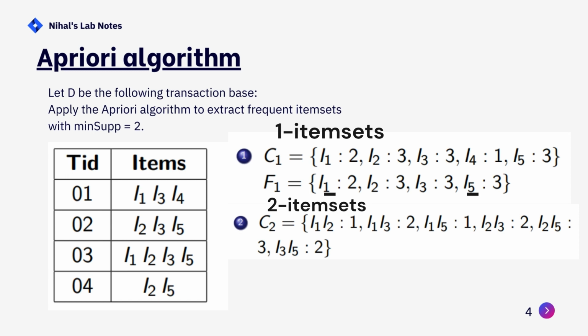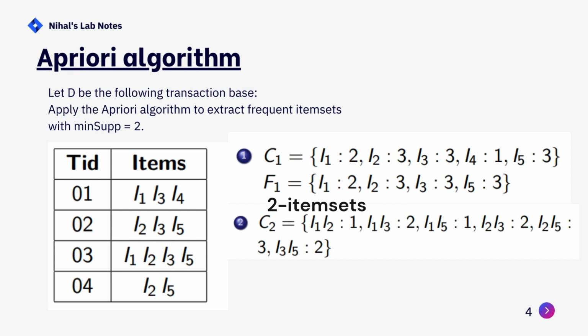So we finished with I1. Let's go to I2: we join I2 with I3, then I2 with I5. So we are finished with I2. Let's move to I3: I3 with I5, as you see, and calculate the support of each of them.